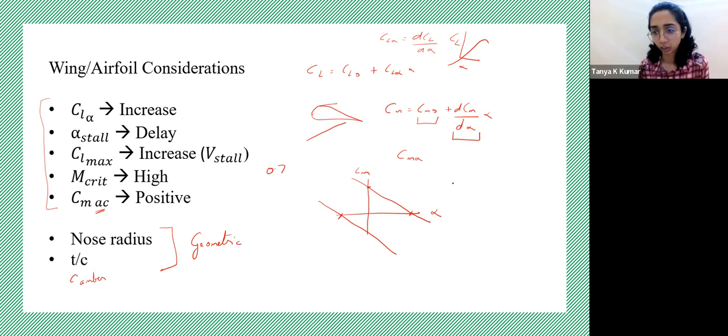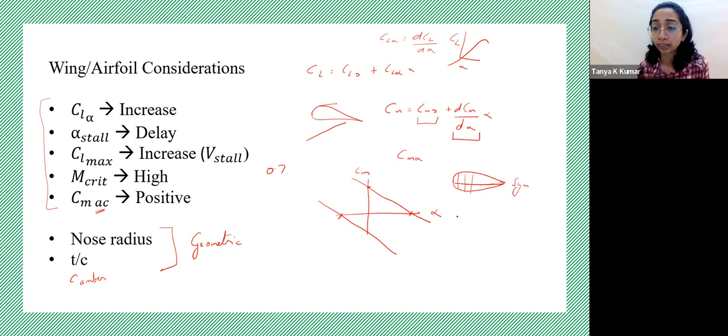Yes, so I'll just draw an airfoil here. First, I'm drawing a symmetrical airfoil. So your chord line is here. And if I draw a midpoint from the top surface and bottom surface at every point, it lies exactly on the chord line, right? Which is how a symmetric airfoil is.